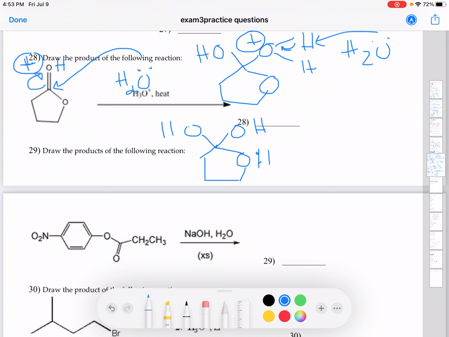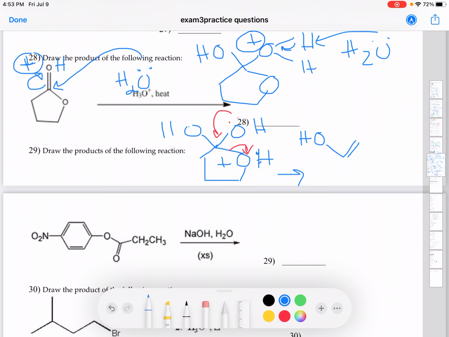It will grab a proton and become a positively charged oxygen with 3 bonds. So one of these oxygens can form a double bond and break the carbon oxygen bond in the ring, making it something like that.